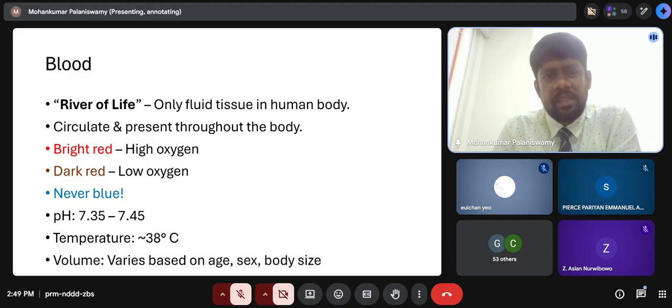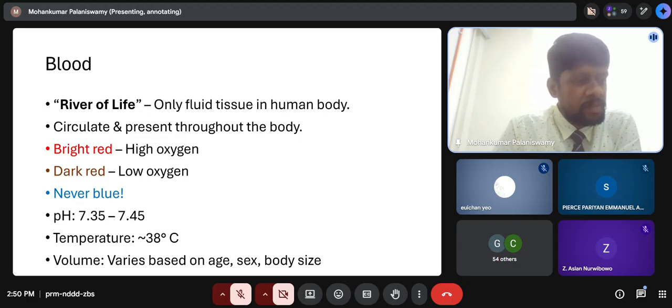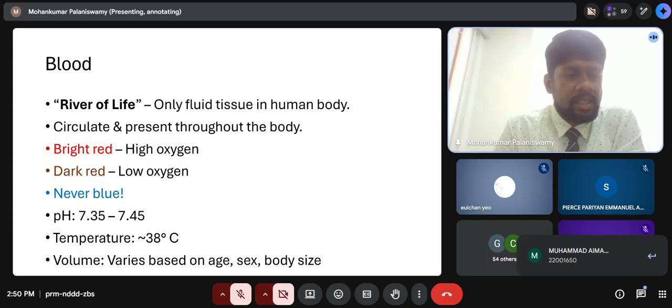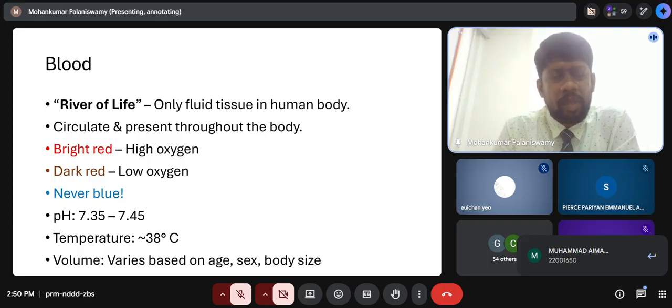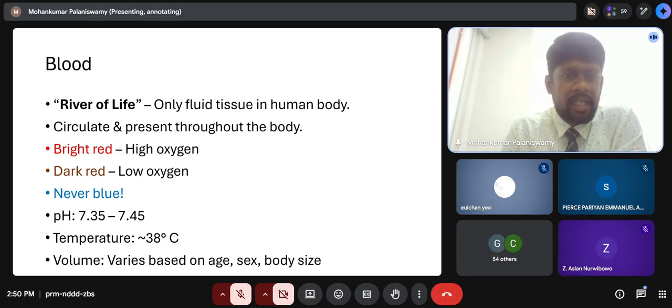In general, the blood is bright red in color because it contains oxygen. Whenever the blood is rich in oxygen, it will be bright red. Due to some situation or some diseases, the blood inside some people may not carry the optimum level of oxygen. For those people, the blood will look dark red, or maybe dark brown, but in general dark red.